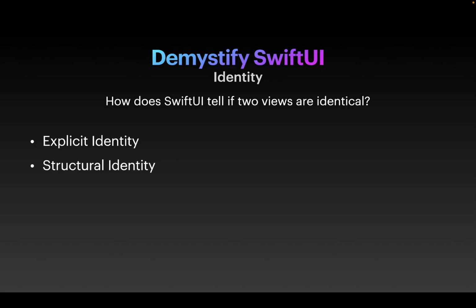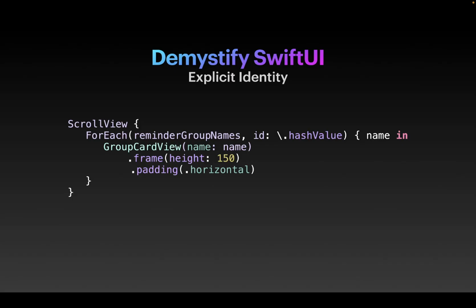There are two different types of identity. The first is explicit identity. The second is implicit identity, also called structural identity. For explicit identity, you've been using that a lot so far. For example, you have a score view and you use a ForEach to loop through some data.